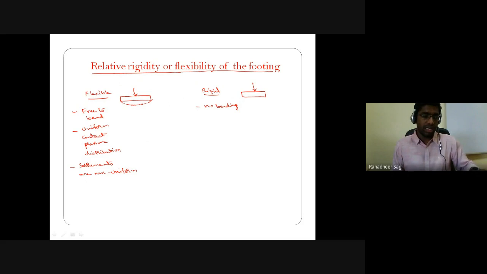Okay, so here this deflected shape I have indicated as maximum settlement at the center and minimum settlement towards the edges, but it's not guaranteed that in the case of flexible footing the maximum settlement is always going to be at the center. It also depends on the type of soil. In some types of soil the maximum settlement is going to be at the edge.